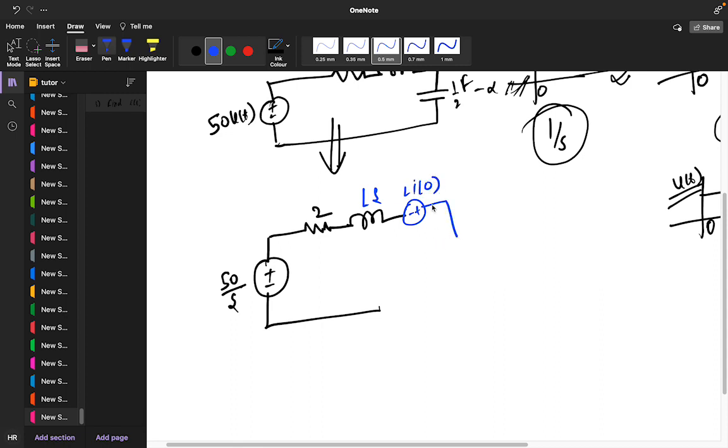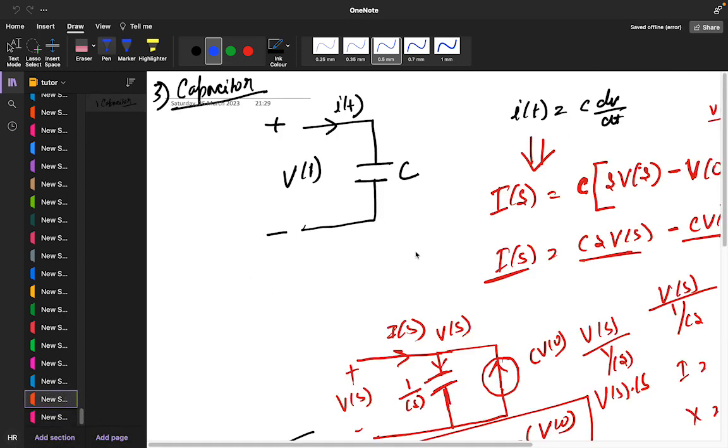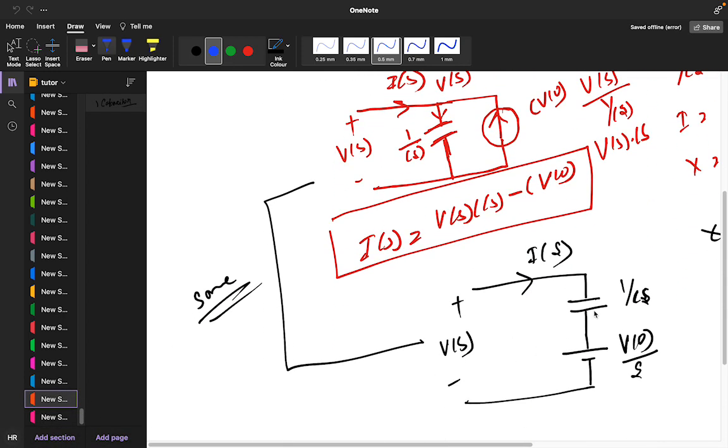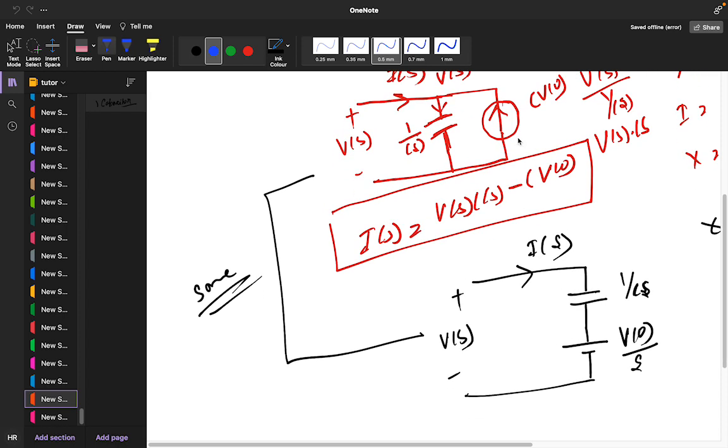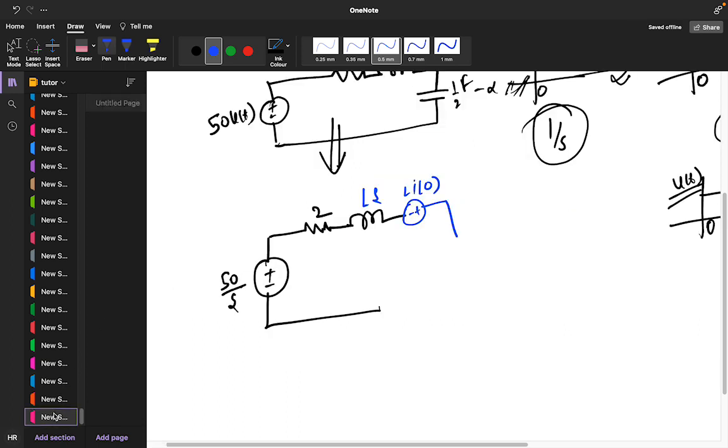And what is the Laplace transform of a capacitor? In terms of voltage, 1 by Cs plus V of 0 by s. But this V of 0 value is 0, and this L I of 0 value is 0.